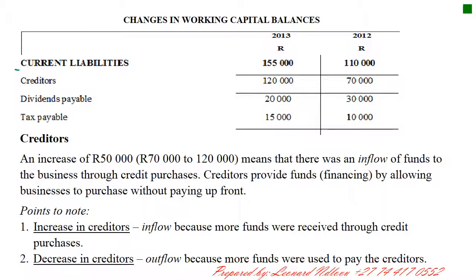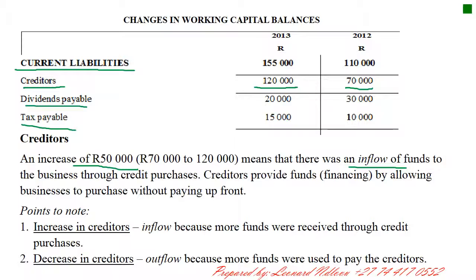Now we look at current liabilities, where we have creditors, dividends payable, and tax payable. Creditors: there was an increase of 50,000 from 70,000 to 120,000, which means that there was an inflow of funds to the business through credit purchases.